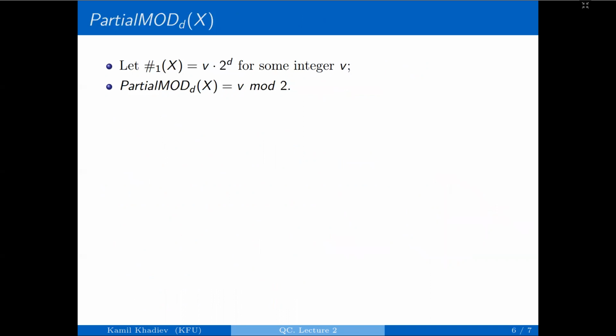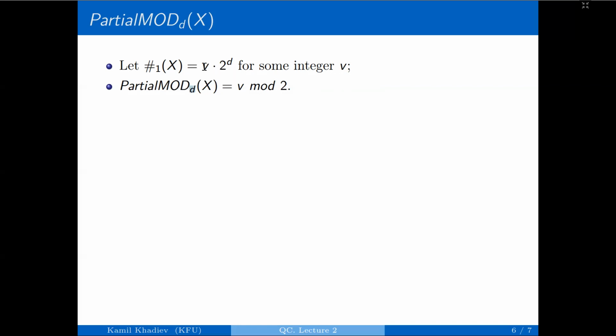Let's try to solve one problem, and I think it's enough for today. We have an input stream, and we have a promise. D is some parameter of our problem, a known integer.